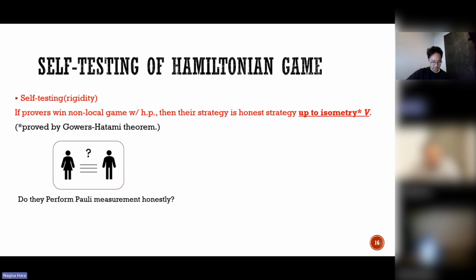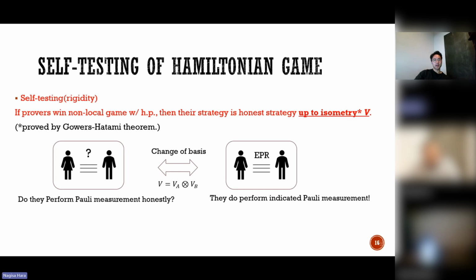But if the provers succeed in some nonlocal game, such as CHSH or the magic square game, then their behavior, up to a change of basis, is determined: they must share EPR pairs and they must perform the correct Pauli measurements. So this is the intuition about the self-testing property.